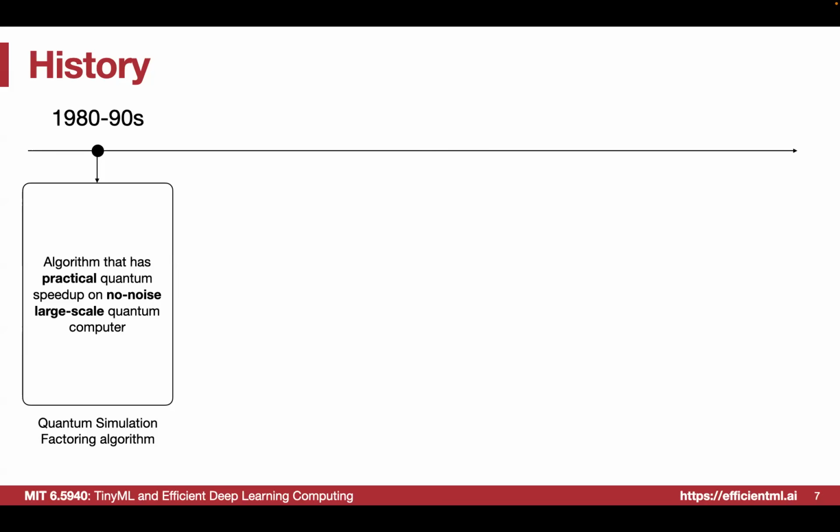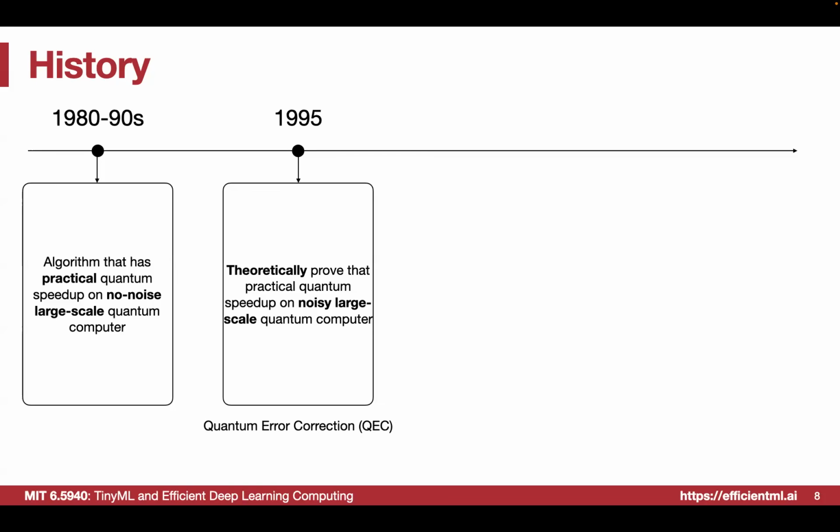So that's how, 20 or 30 years ago, people tried to pursue purely theoretical advantage. Then something very exciting happened in 1995, where some papers theoretically proved that you don't have to use a perfect quantum machine. The noisy ones can also do the job, as long as you use some error correction code.